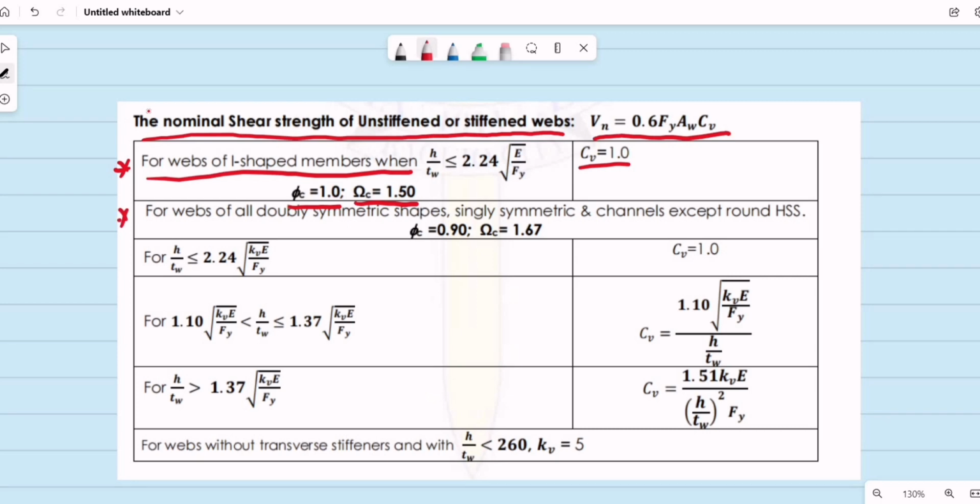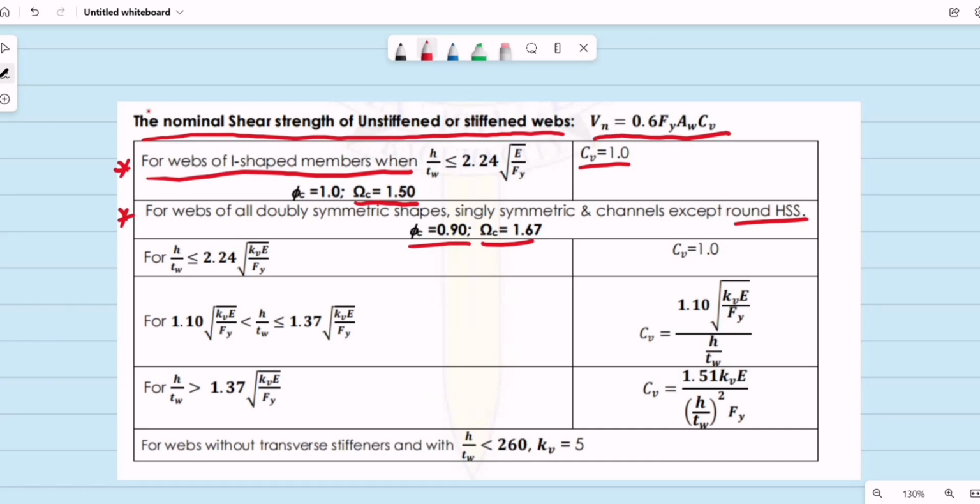For the next case, for webs of all doubly symmetric shapes, singly symmetric and channel except round HSS, we are using a reduction factor of 0.90 for LRFD and a factor of safety of 1.67 for the ASD.